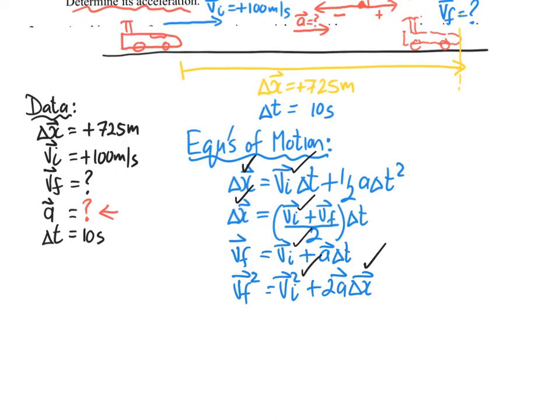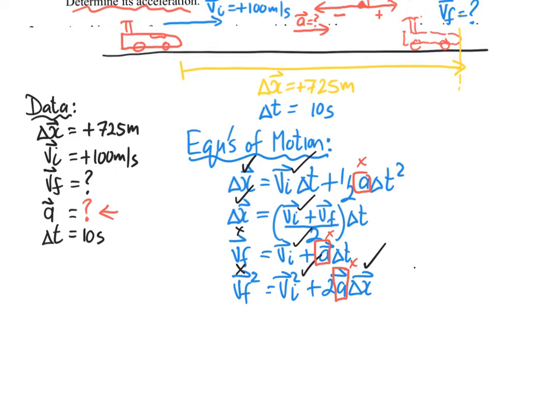We don't have v final, so I'm going to put a little cross there and there. We don't have the acceleration, and that is in actual fact what we're looking for. So I'm going to put a little cross there, and we were explicitly asked for it. So I am going to put a little box with a cross wherever I find the acceleration.